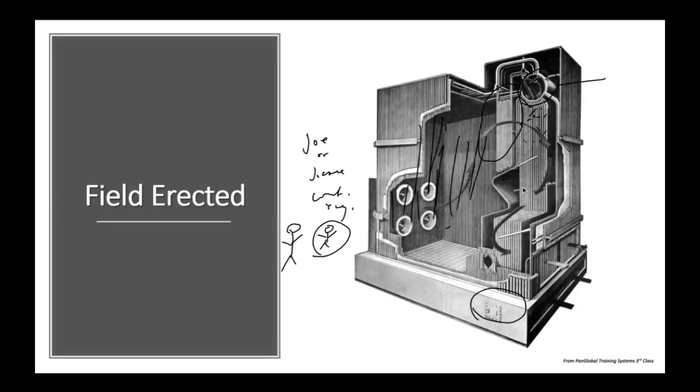You may have downcomers. You may have headers that require welding. So all of the welding is done in the field. So that's what's meant by field erected. I mean, it's assembled in the field. And if you've got English as a second or a third language, I don't really know what other word I can use beside field to make the point. It's like on site.